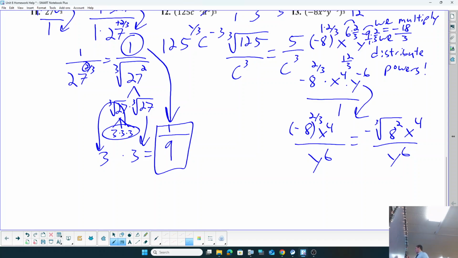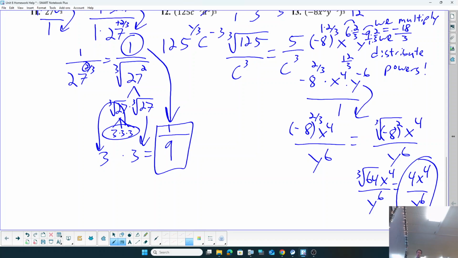I think that's negative in the front, which means it's actually going to be negative inside. But -8 squared is still positive 64. So we have the cube root of 64 times x to the 4th over y to the 6. And the cube root of 64 is 4. So we get 4x to the 4th power over y to the 6. That's our final answer. Woo!